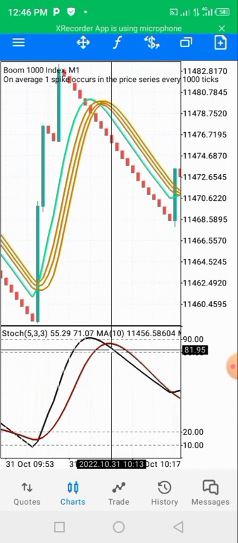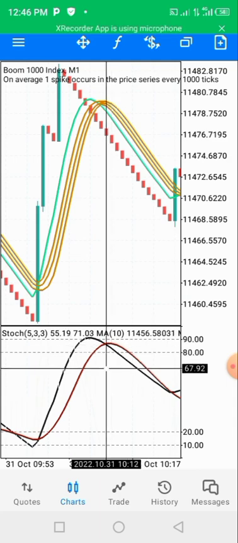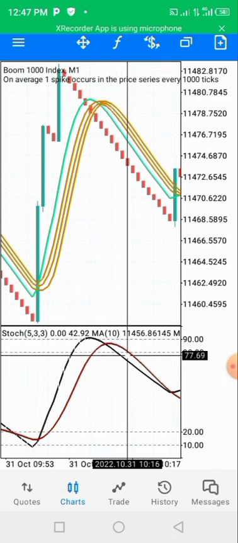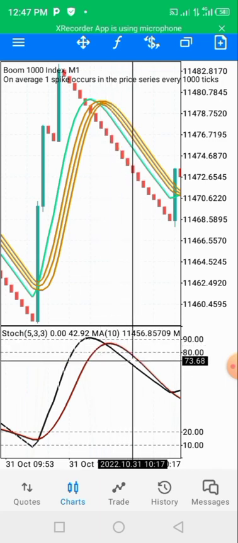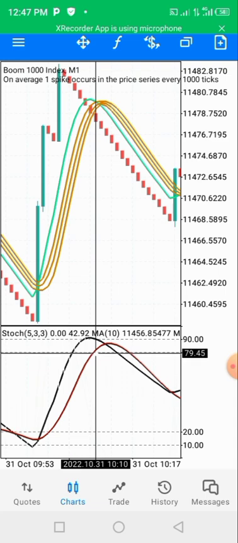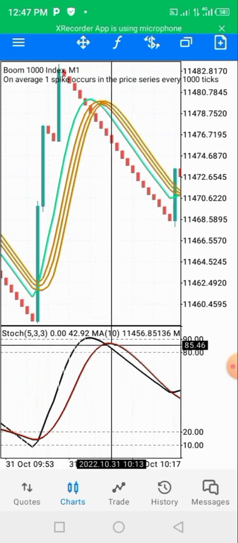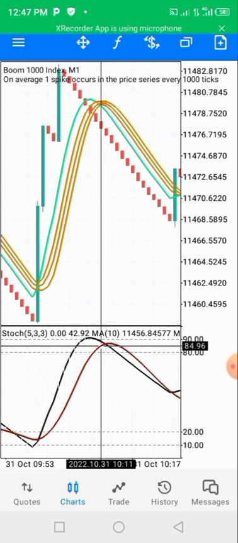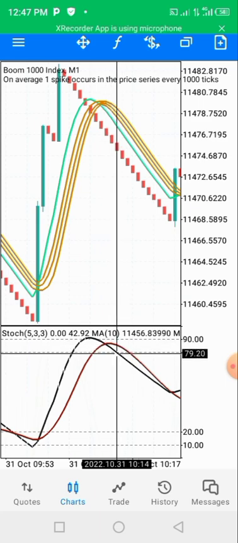It has to be above level 80. If it's not above level 80, don't take the trade. You have to make sure that the black and the red indicator are in between level 80 and level 90, and crossing each other to the downside like this. That's the first condition you have to observe.